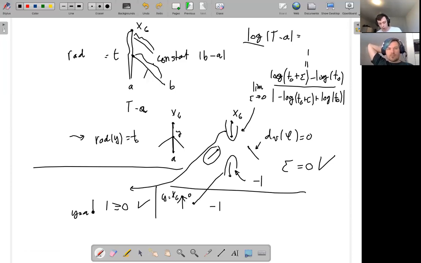So the conclusion is that the sum over v in the tangent space at the Gauss point of x of dv is minus 1. But of course, we add this Dirac mass, which is concentrated at the Gauss point. So we can add something here.